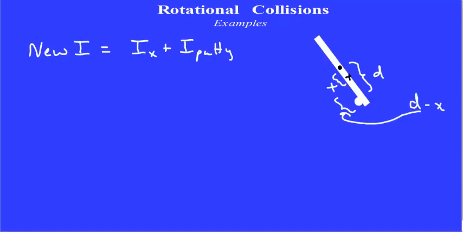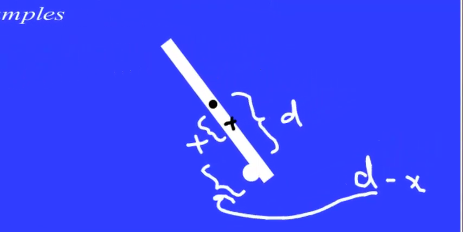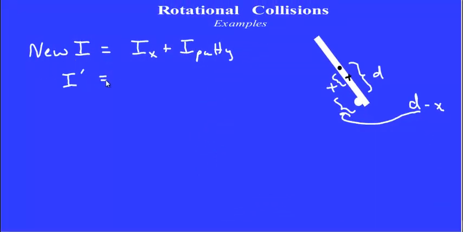Let's see what I've written here. The new I, which I'm going to call I prime, is the sum total of the moment of inertia of the rod around the new center of mass of the system, plus the moment of inertia of the putty around that point x. Now hopefully you can see from the drawing here that the putty is a distance d minus x away from the new rotational axis. So I'm going to pause again and write out that new expression, putting all this stuff together.